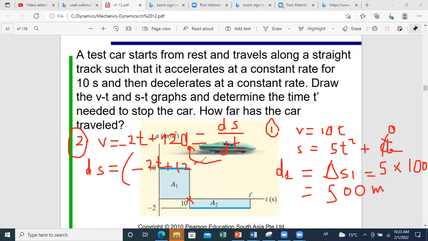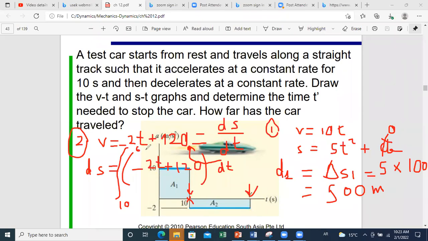Now what will be the extremities of my integral? I should consider the beginning and the end of phase 2. I know that for time, phase 2 will start at 10 seconds and it will end at 60 seconds. So I should integrate here between 10 and 60.